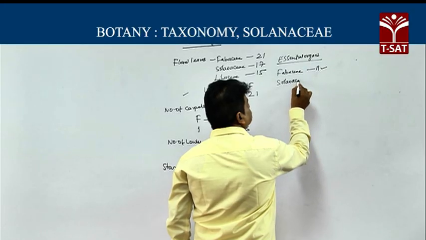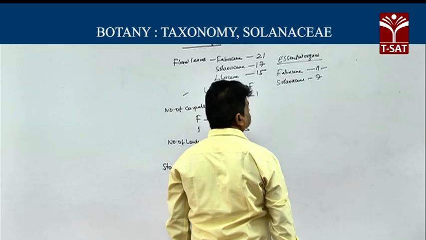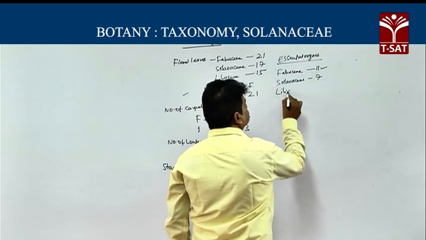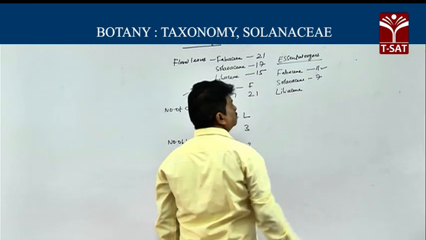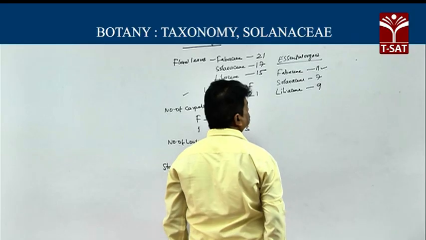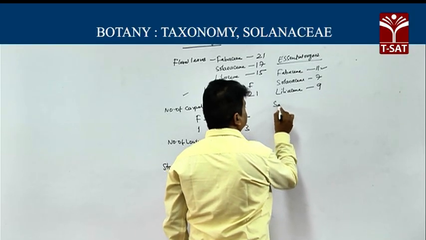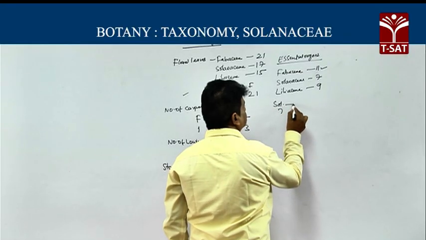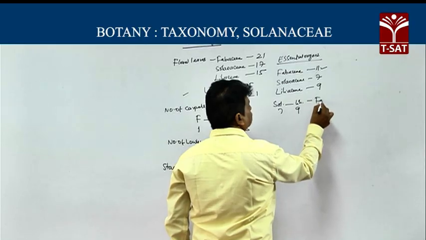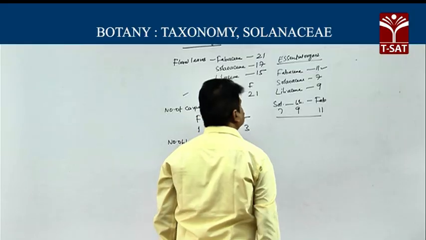Solanaceae, stamens 5, carpels 2, 7. Liliaceae, stamens 6, carpels 3, 9. So, ascending order, first Solanaceae 7, next one Liliaceae 9, next one Fabaceae 11.